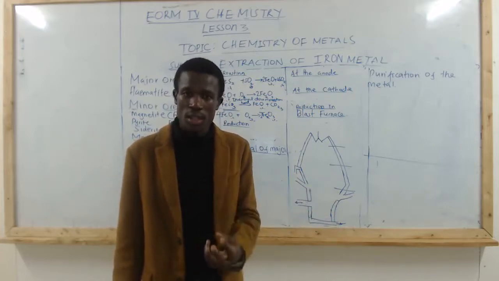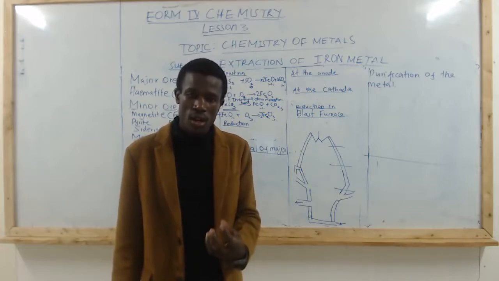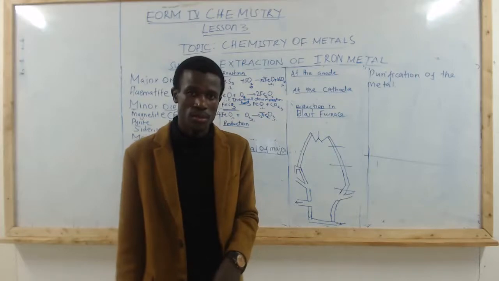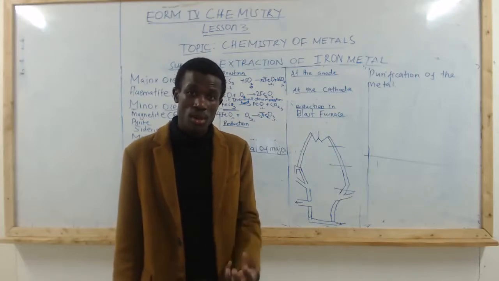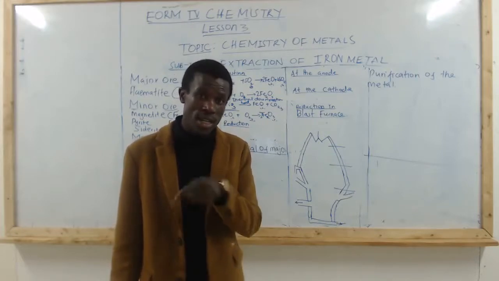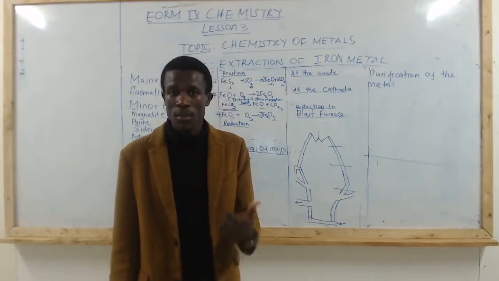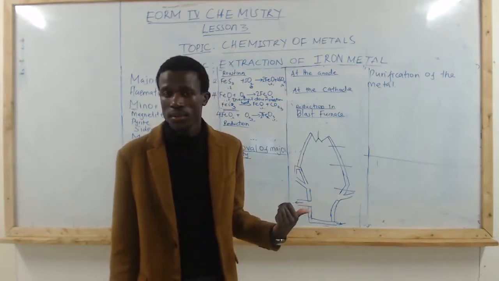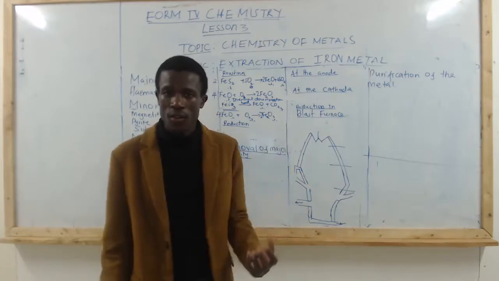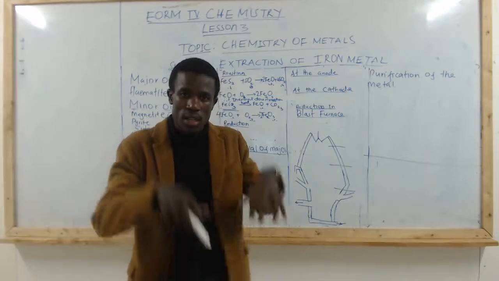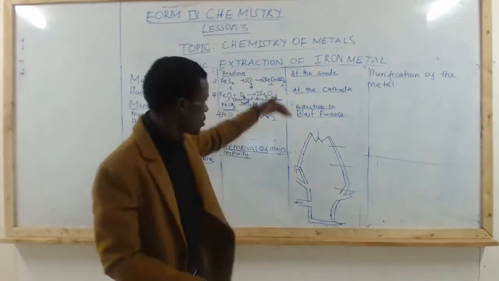It is mixed with coke and calcium carbonate, the limestone. And the same role that limestone played when we were dealing with extraction of lead, the same role will be applied here. So a mixture of coke, iron ore, and calcium carbonate is passed into the furnace.